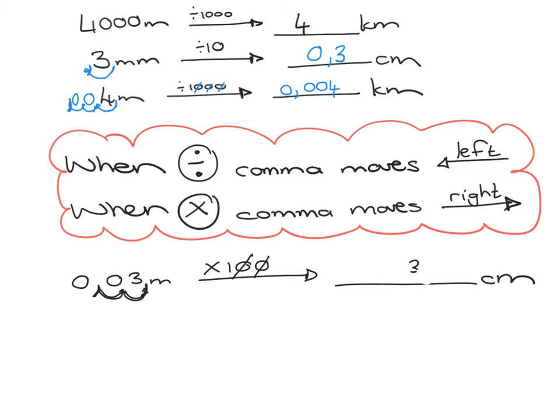But in the end, you must look at your answer and say, will this tiny little meter, which is a lot less than 1 meter, will this be 300 centimeters? It can't be. Or you can ask yourself, if you said 5 kilometers is 0,5 meters, think about that.